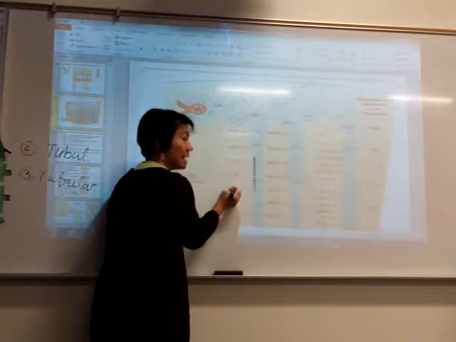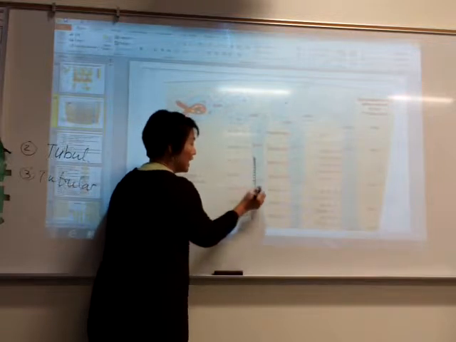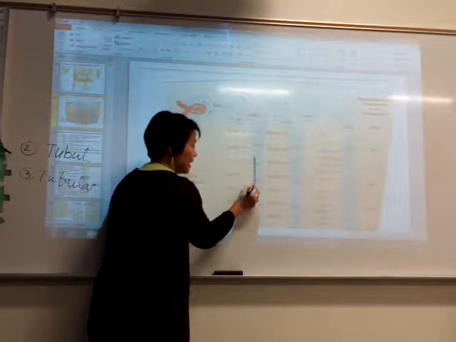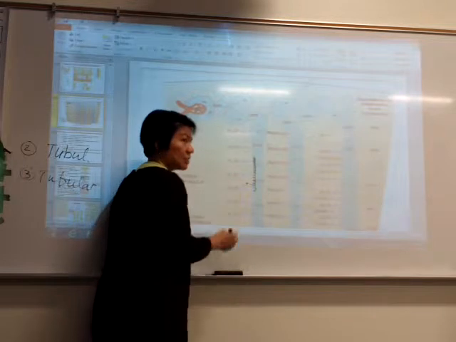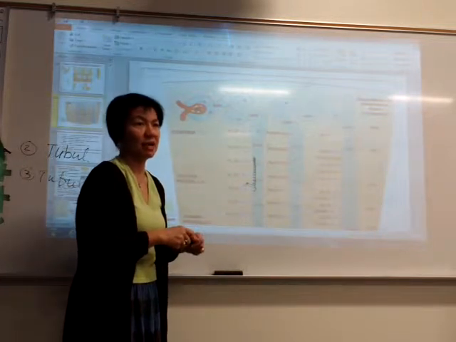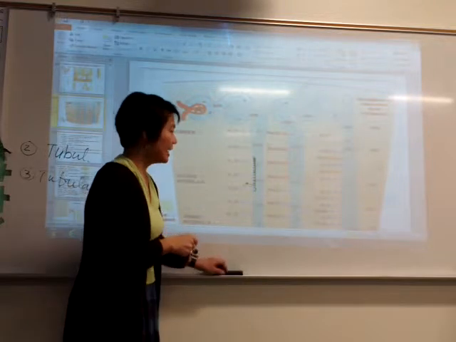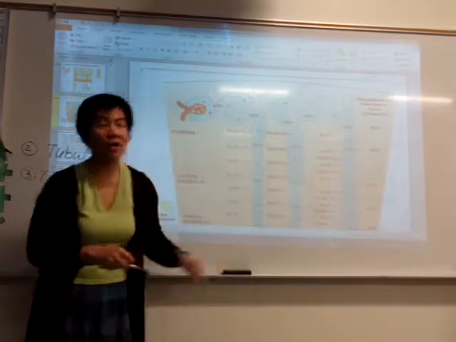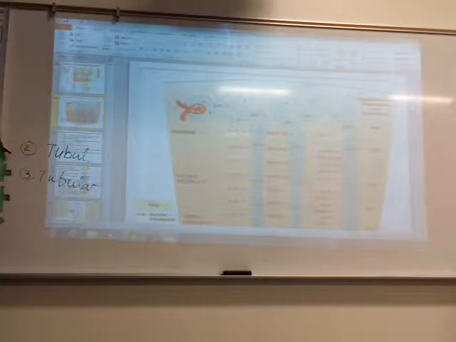You call that paracellular. Or they can be absorbed by the cell itself, and then moved from the cell to the interstitial space. You call that transcellular reabsorption. That's how you move your substances.